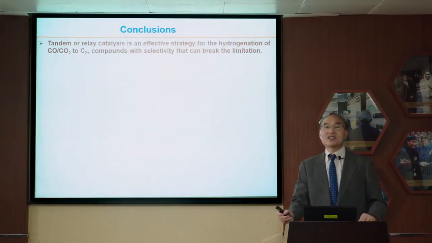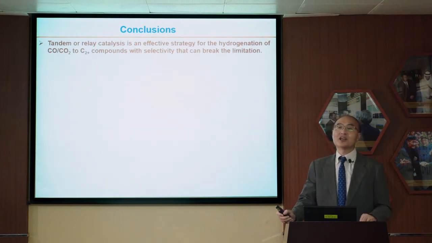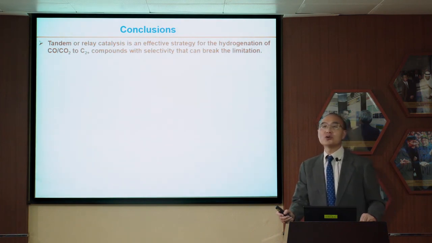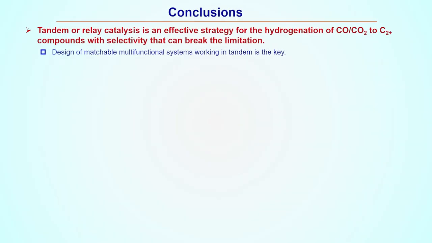I believe that I have convinced you that tandem or relay catalysis is an effective strategy for the hydrogenation of CO and CO2 to C2 compounds with selectivity that can break the limitation. The design of matchable multifunctional systems working in tandem is the key.